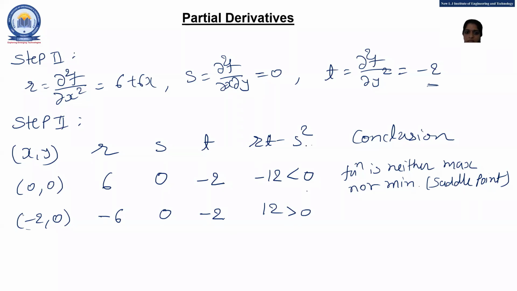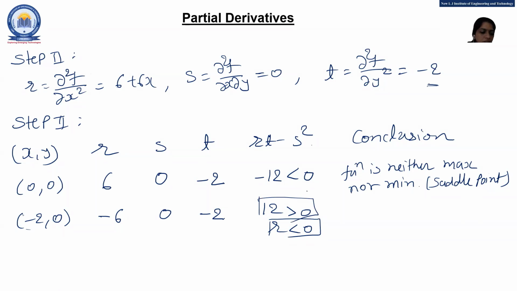Here my R is 6 plus 6x, so if I replace x by -2, then 6 minus 12, that is -6. So here my R is negative. This RT minus S square is positive and R is negative.